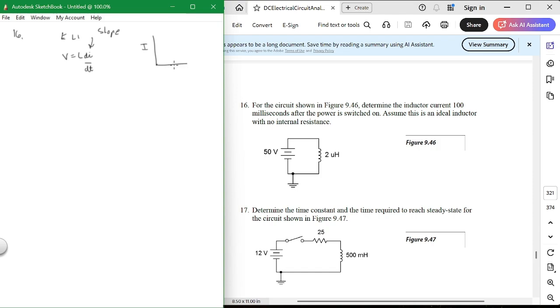I did it wrong. I told you I'm messing these up, and I did. It's I versus t, and that's V over L is dI over dt. So dI over dt is the slope, and this is I, and this is t. I'm sorry about that last one.